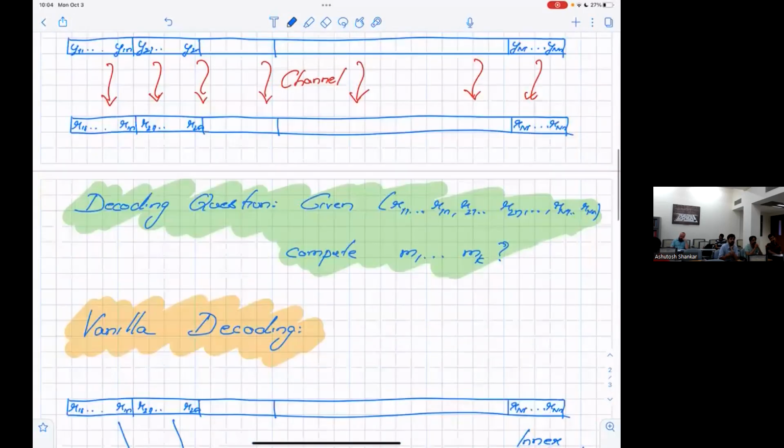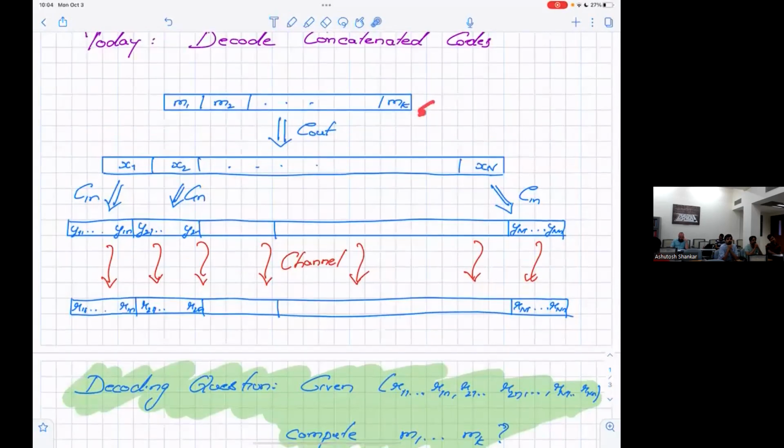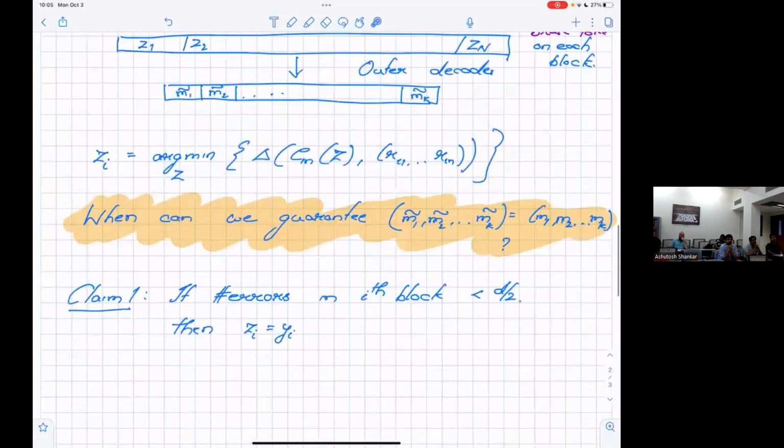Recall the Yi's are the encodings of the Xi's, so the encoding of Zi is equal to Yi, or equivalently Zi is equal to Xi. Is that okay? That's claim 1.